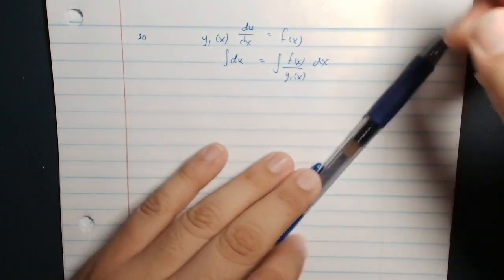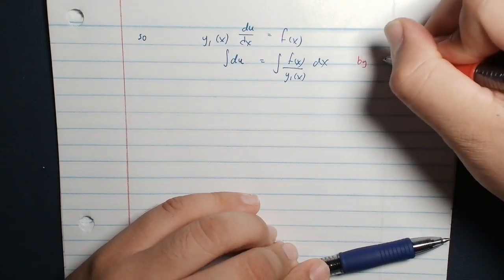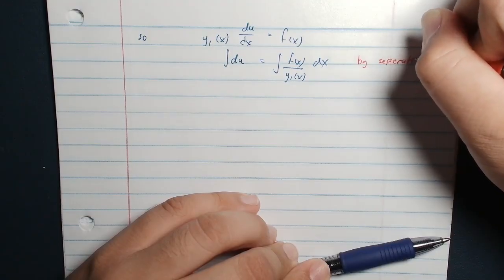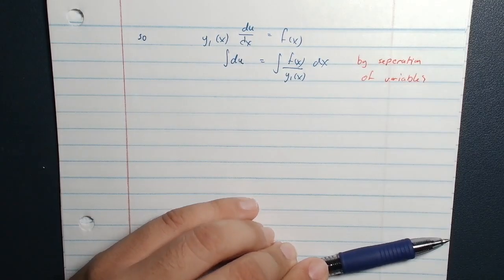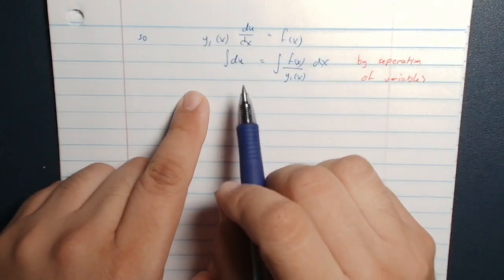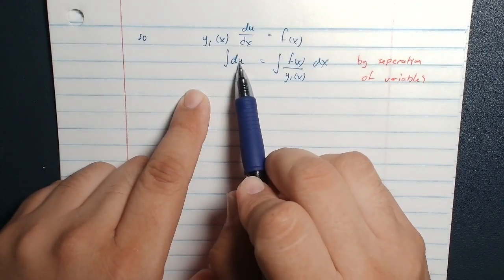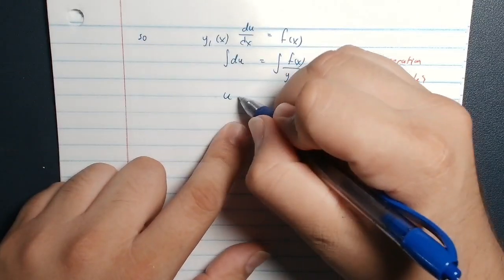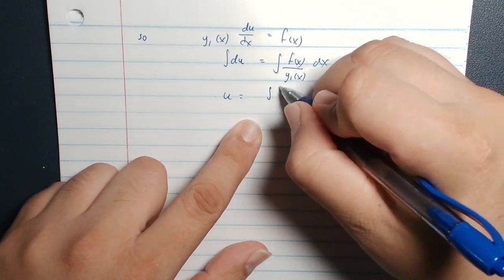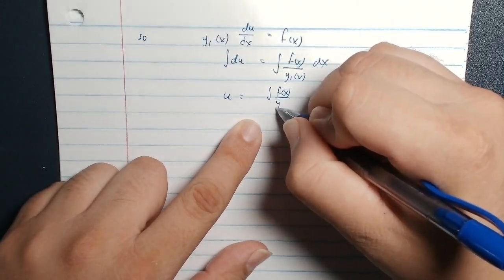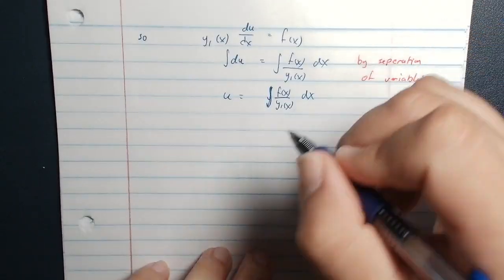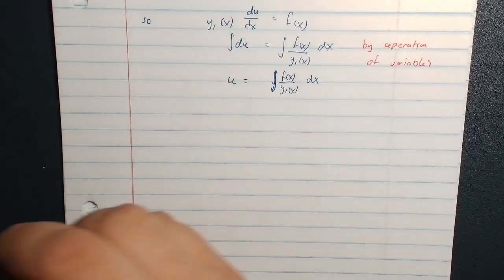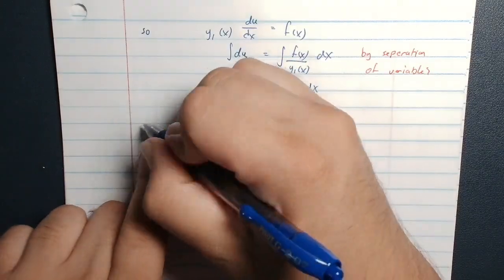The integral of du is just u. So u is equal to the integral of f of x over y1 of x dx, which means our particular solution is now predictable.